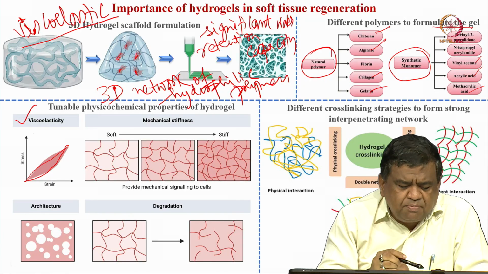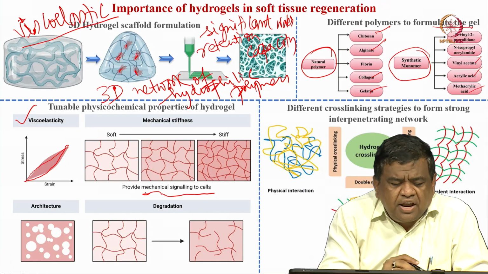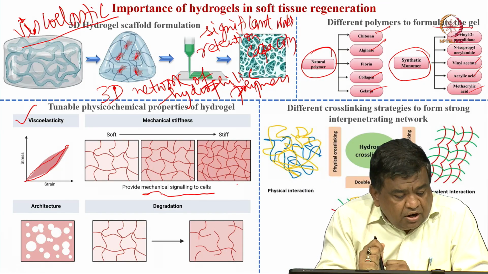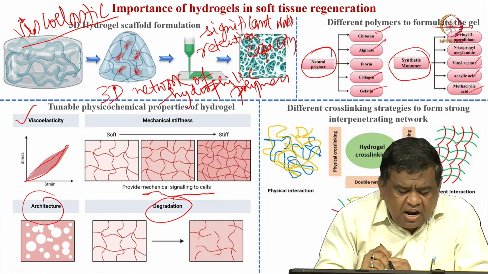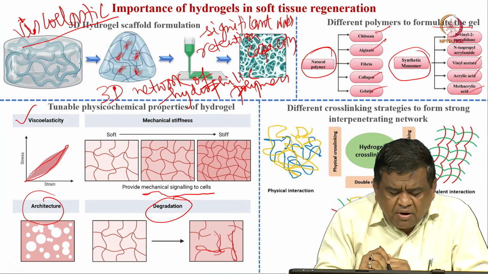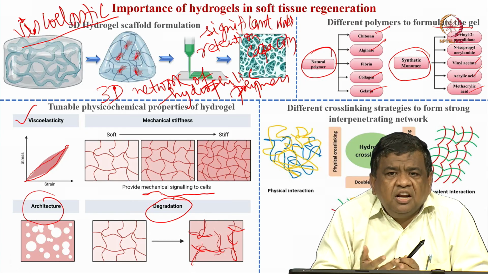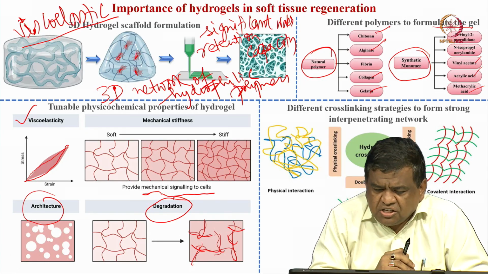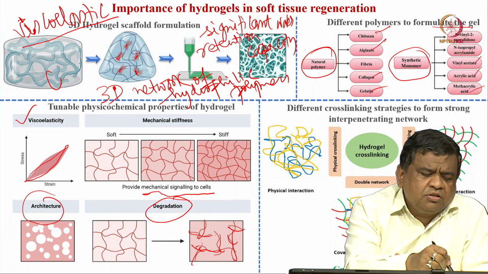So, it provides mechanical signaling to the cells, allowing cellular crosstalk to take place, like when it is a soft hydrogel and then goes to a stiffer hydrogel. You can have a specific architecture, and then it can degrade. When it degrades, the polymer chains get loosened and lose structural rigidity, and the question is, once it degrades in vivo, like in an animal model, what would be the consequences of this degradation.